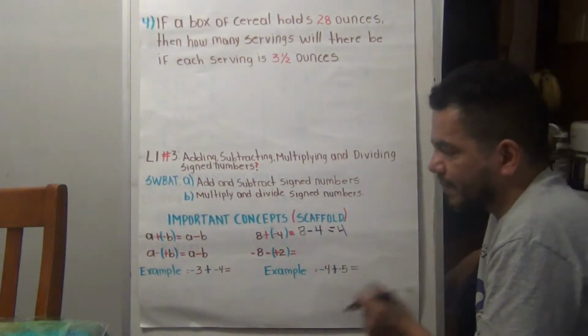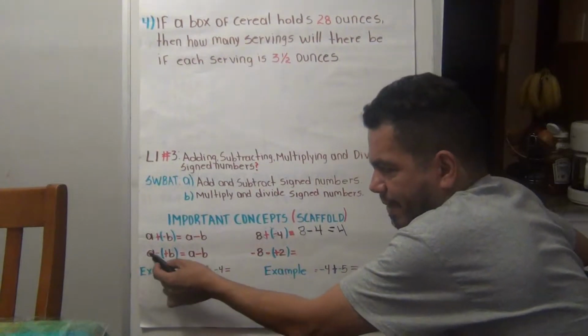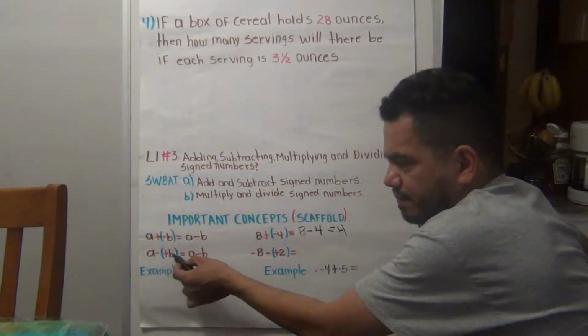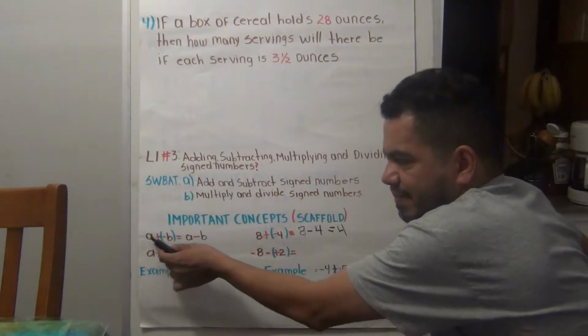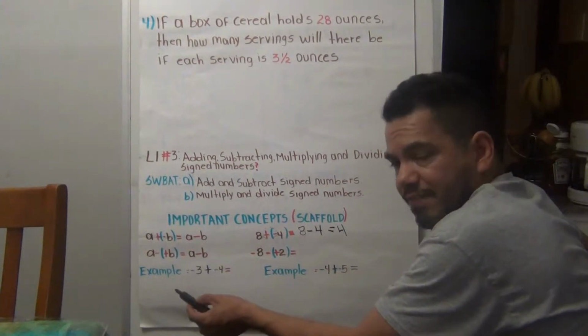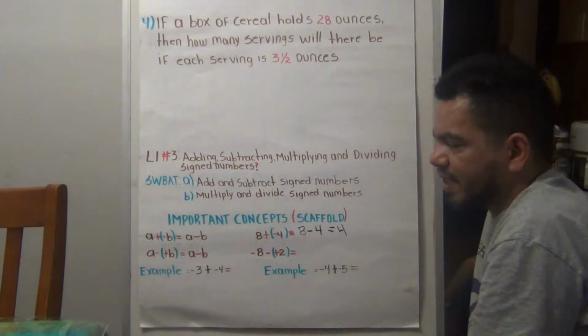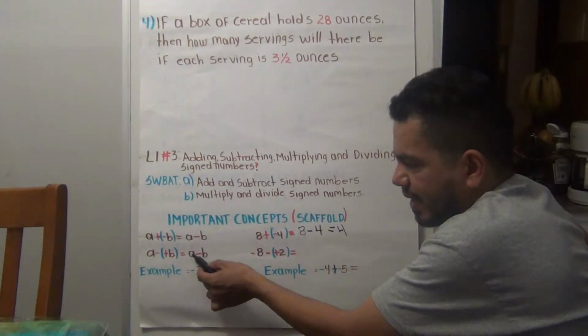As simple as that. Guess what? A number minus a positive number, when you take away, is the same thing as adding the negative. Adding the negative or subtracting the positive of a number is the same thing. You still get a minus b.